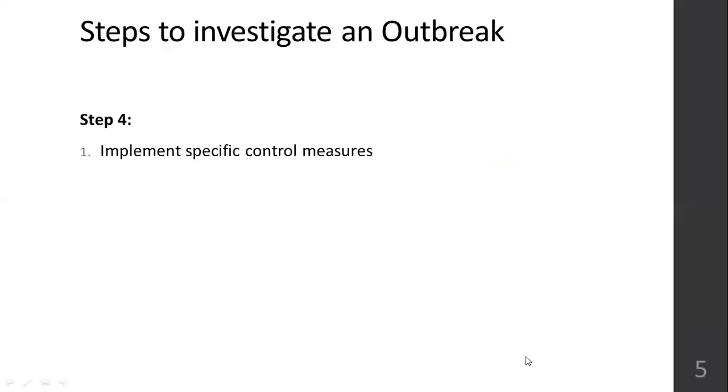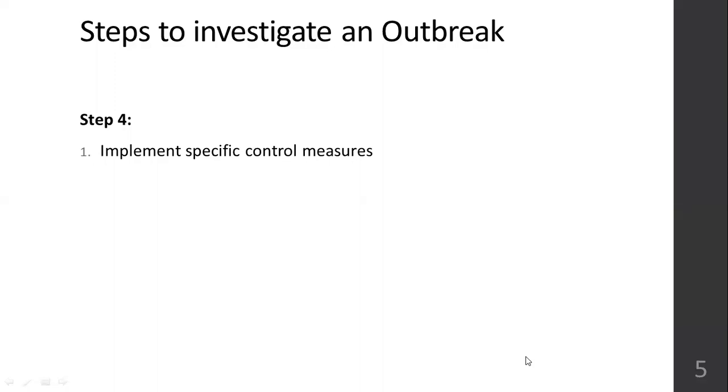Step 4, once you identify your assumption has been proven right or wrong, once the conclusion is in your hand, which kind of disease it is, which kind of route of transmission this outbreak has, now you can implement specific control measures. Till then you were using general control measures, like hand washing, wearing mask, gloves, face shields, everything.